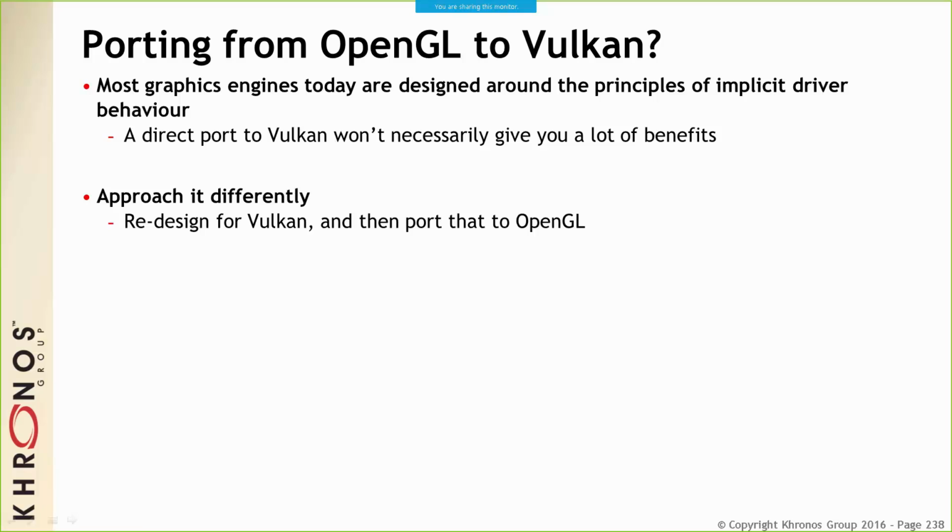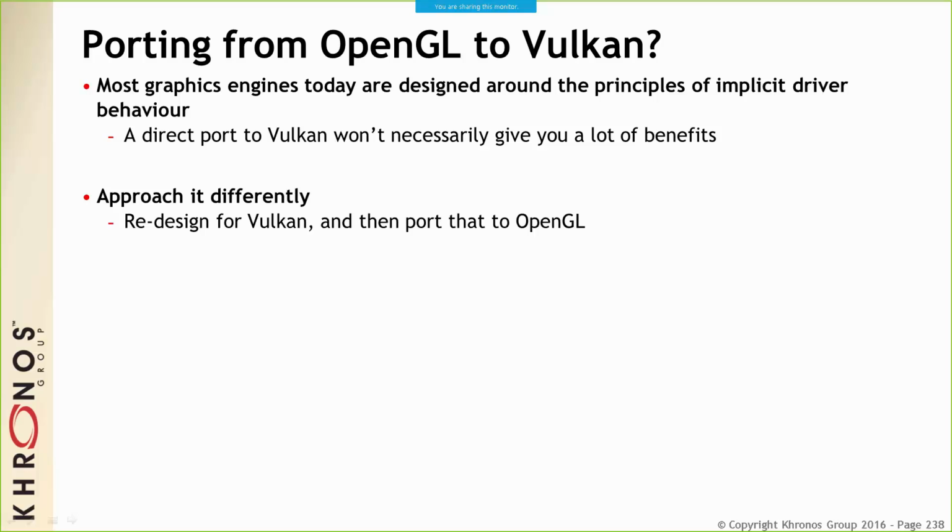Or you have to make some extreme performance sacrifices, which why would you port to Vulkan anyways? So we found out you should approach it from a different angle. Try to design or redesign your interface for Vulkan and make that work in GL or some other API. That's much easier in practice.